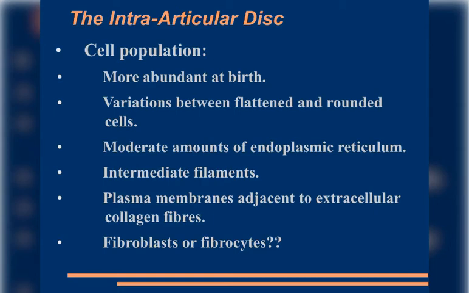Moderate amounts of endoplasmic reticulum. So these cells, the cellular population of the disc, have moderate amounts of endoplasmic reticulum. Means they are involved in protein synthesis. They have intermediate filaments.